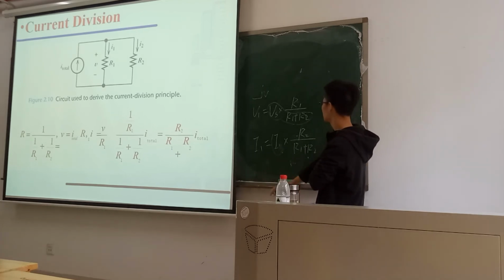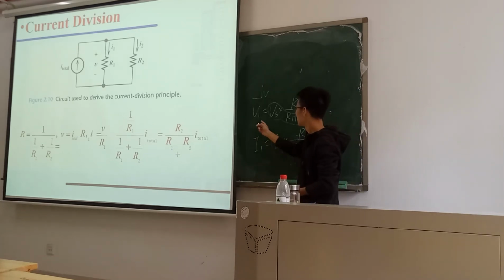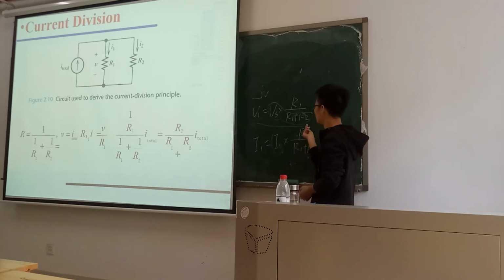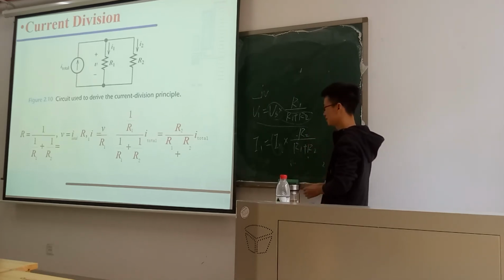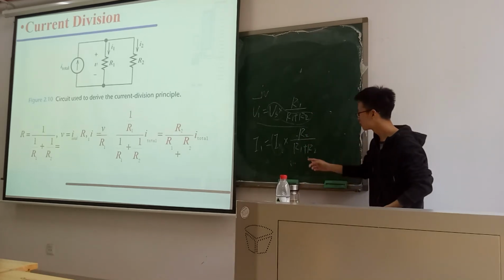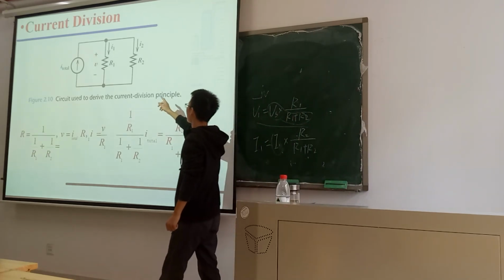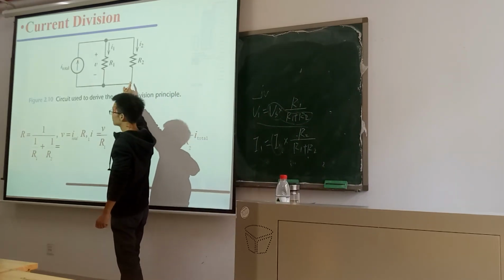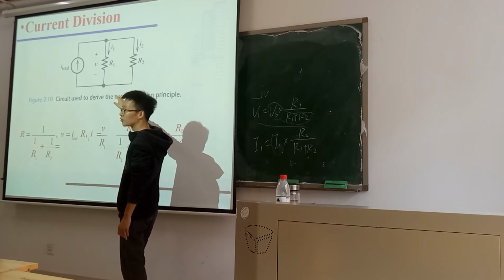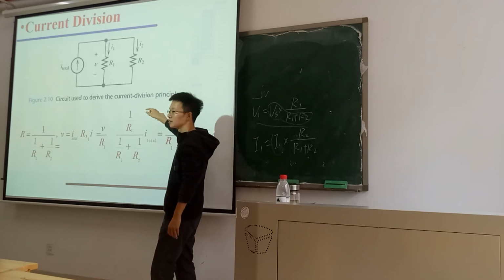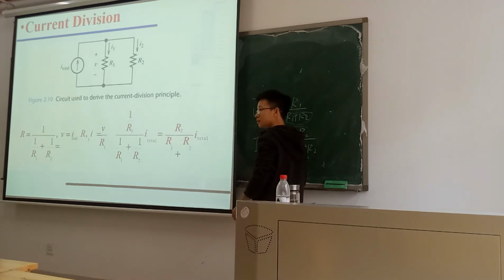If you want to remember, the first step is you must understand how to calculate the voltage division, and you will get R1. If you understand this, you can remember this as R2. But the current division formula is just for two resistors in parallel. If I have three, you cannot use this directly.